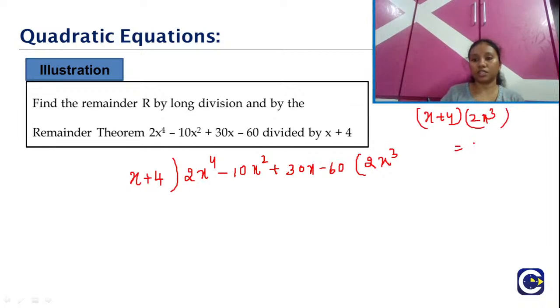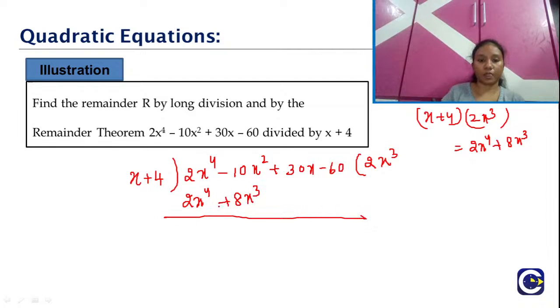Then what will be the result? 2x power 4 plus 8x cube. So minus here, this will be getting cancelled and this will also be minus. Here if you observe, for the previous one there is no cube term, so we are left with only the cube term in the new one, right?